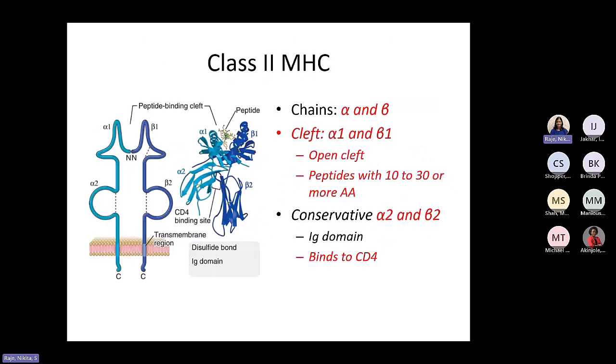One more fact about the genes that make this class 2 MHC. We know the DP, DQ, and DR are the three class 2 MHC genes, and humans inherit one DPA and one DPB gene.